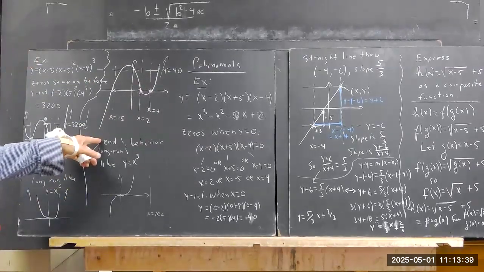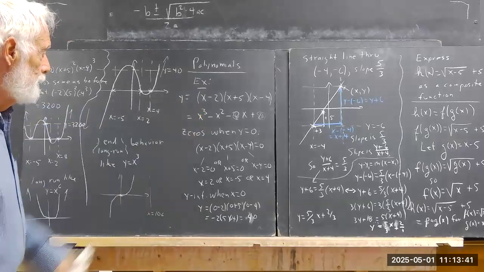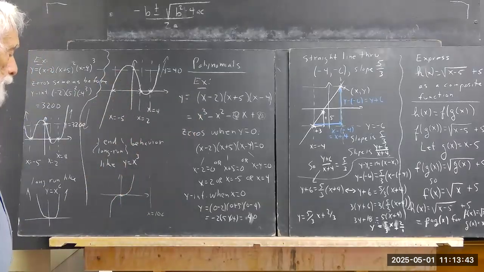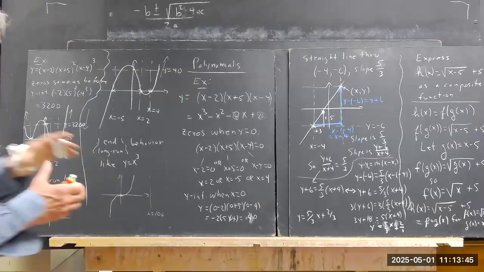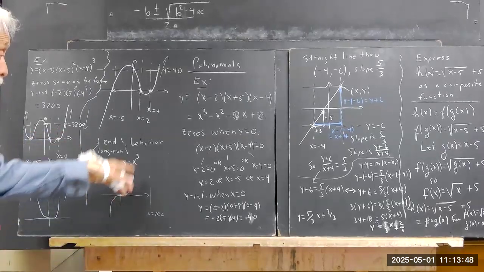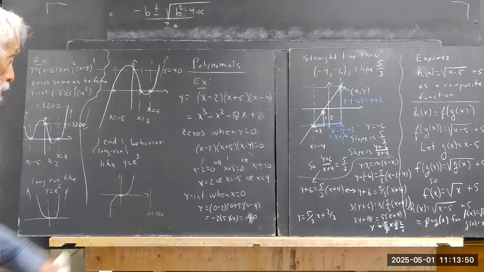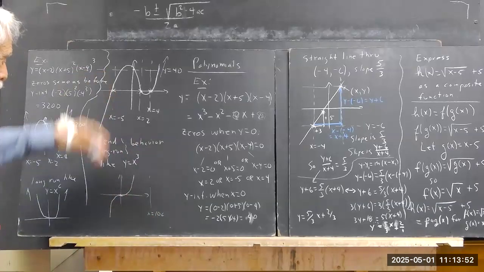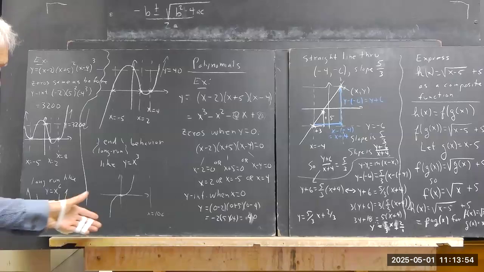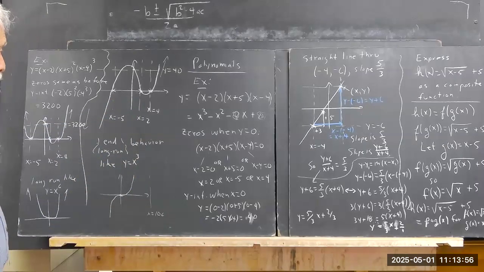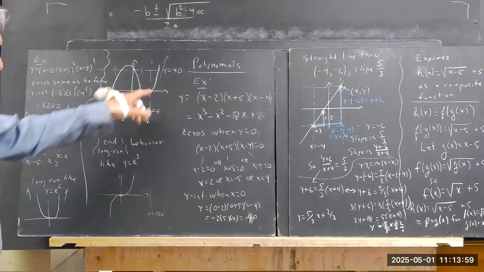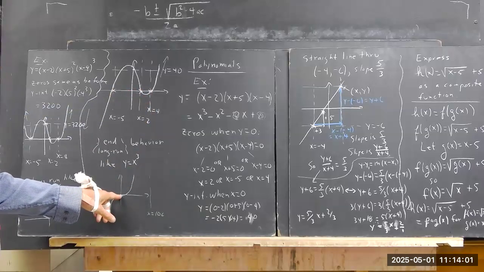The end behavior is like x cubed. X cubed has a graph that looks like this. If you zoom way back on this graph, it looks like a graph of x cubed. If x is 100 out here, let's say, then whatever your y scale is, your graph is going to look like this, but you're going to have little wiggles like you see here, close to the origin.